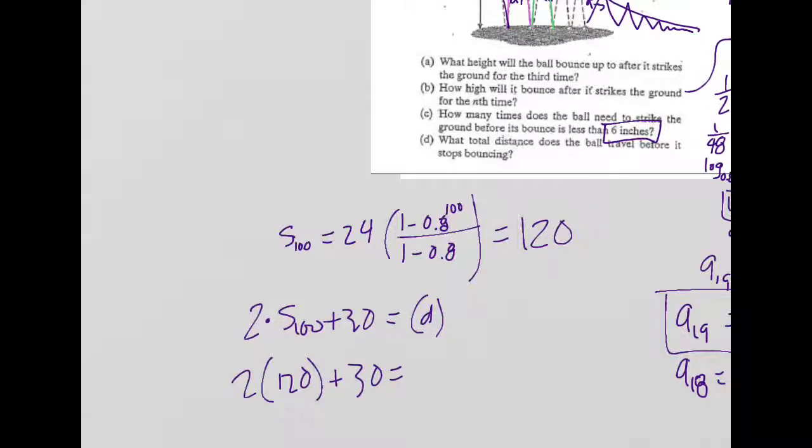And when we do so, we get 270 feet for the total distance traveled by that ball up and down as it continued to bounce over and over again. Now again, next class, we will know how to do this with more solid numbers rather than just approximating what this should be by plugging in a large n value. But this gets us there for now.